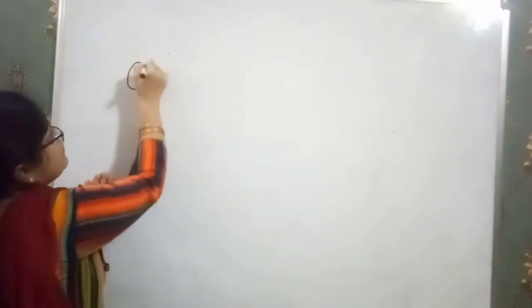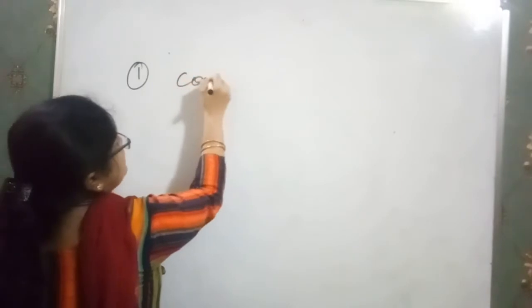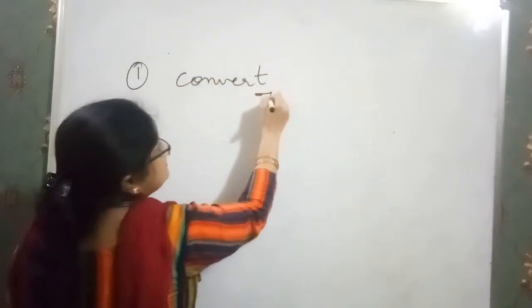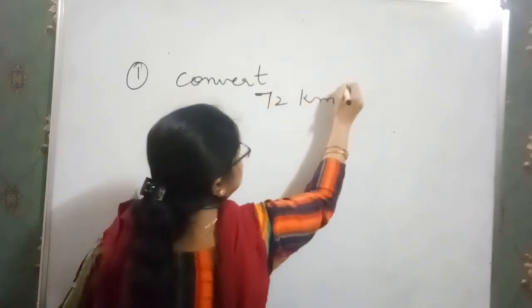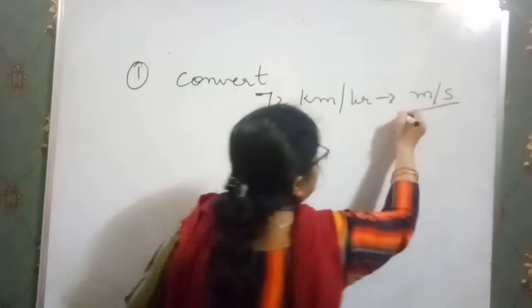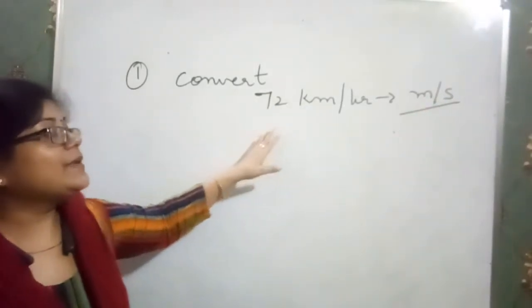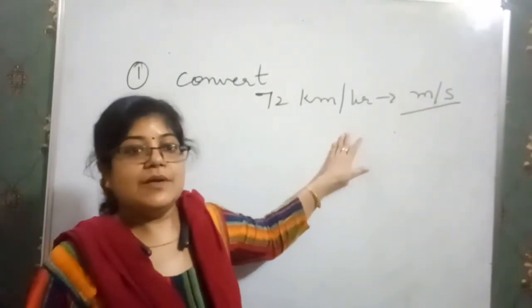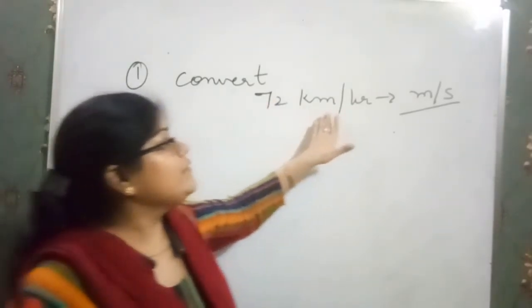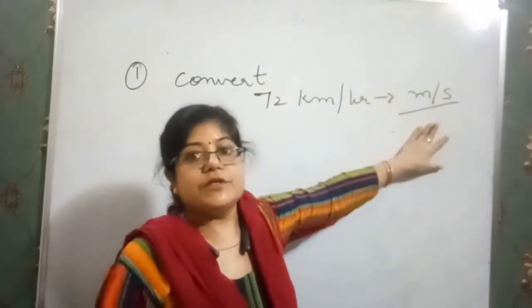For example, we have a question: convert 72 kilometer per hour into meter per second. I know you can easily solve it by multiplying by 5/18. But physically, with the help of this formula, how will we convert kilometer per hour into meter per second?